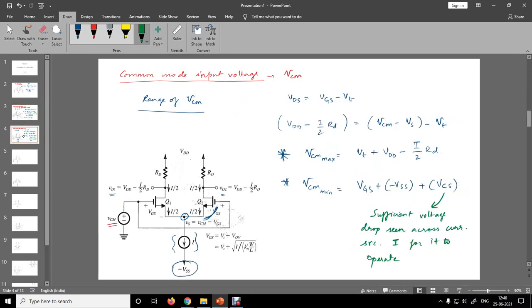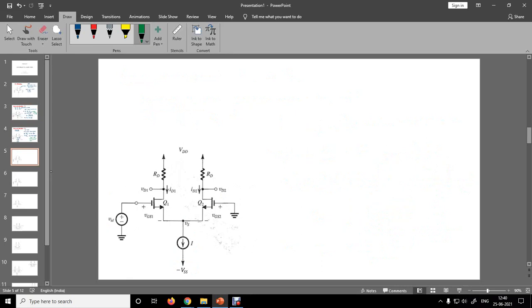Right. Similarly, what we'll do now is we'll give a differential input, meaning one input I'm going to give VID. Okay, the other input I'm giving it ground. Right. So this one is differential input operation.